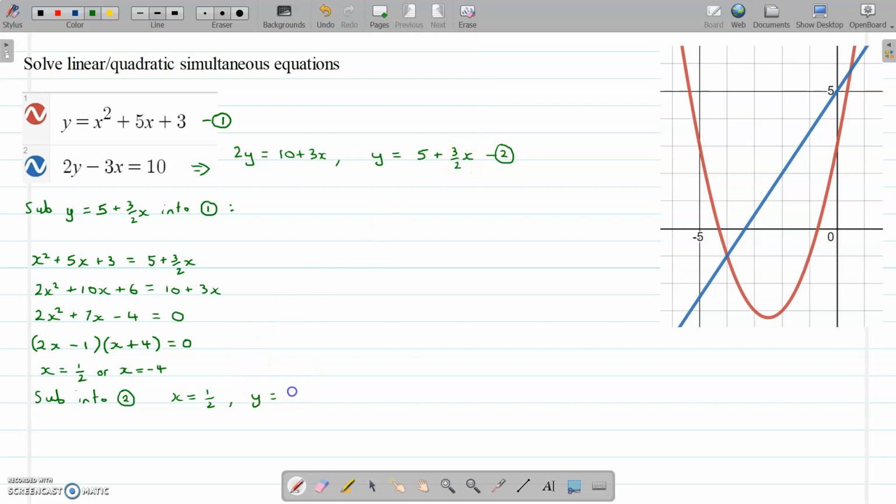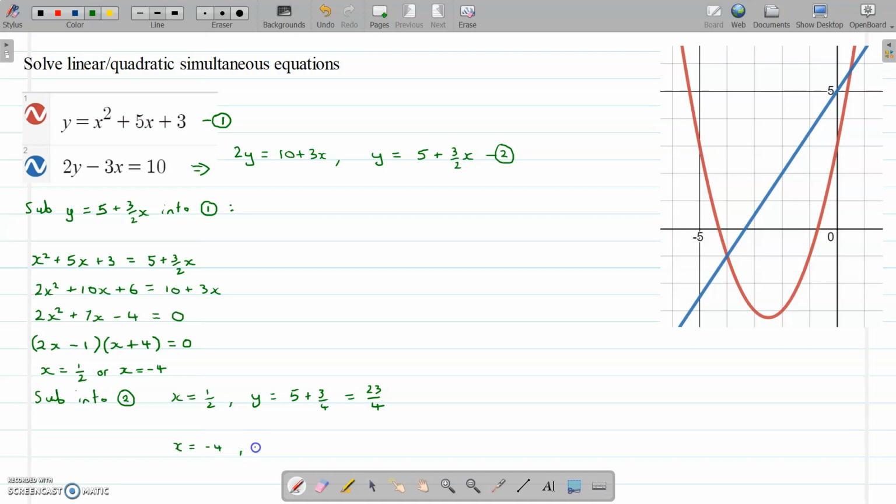So it's 5 3/4, which I can either leave as 5 3/4 or write as 23/4. So that's a pair of solutions, an x with its corresponding y, and then I do the other one, which is when x equals -4.